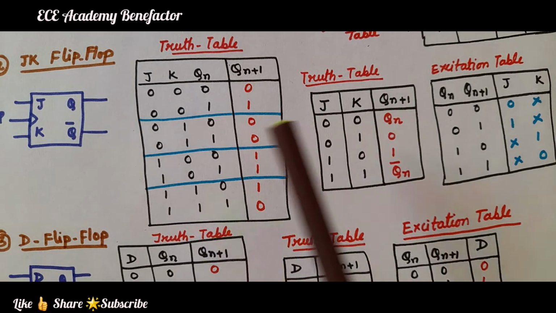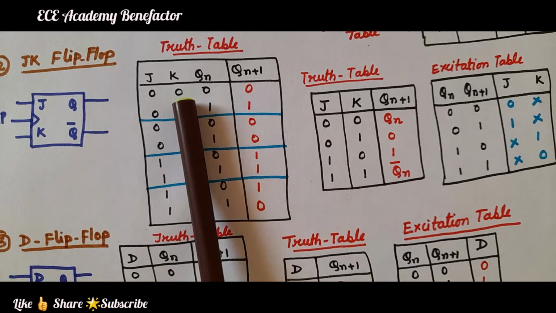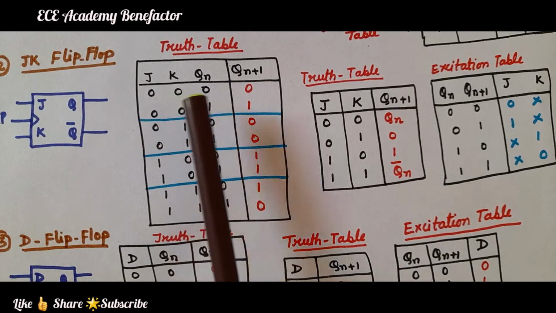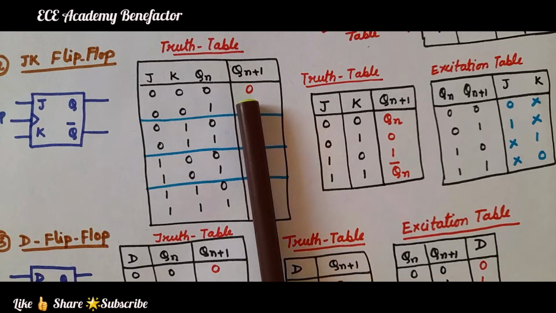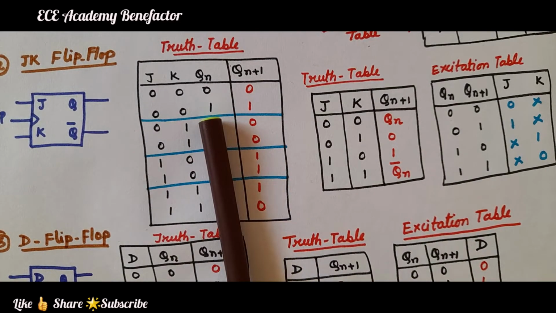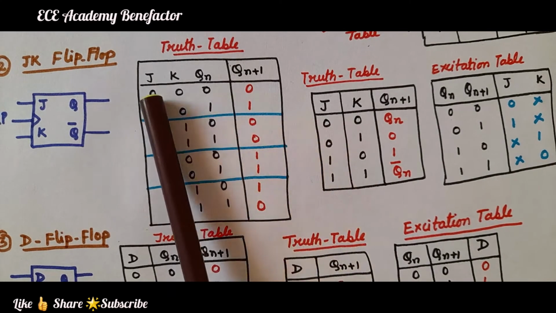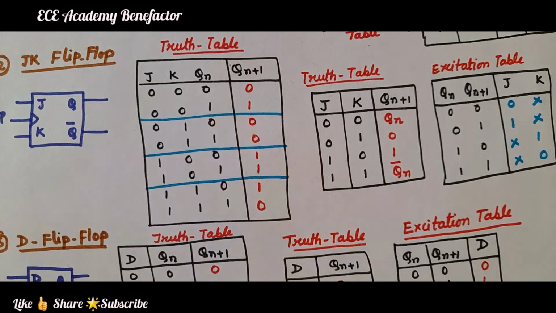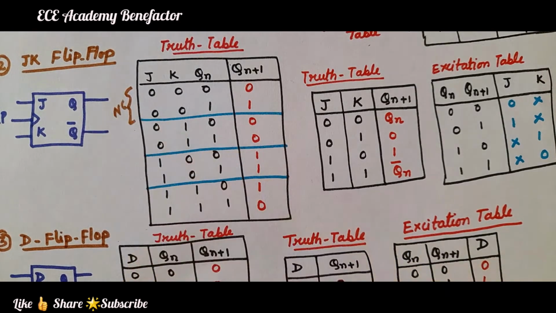Now see here, for J K equal to 0 0 it is called the no change state. No change means whatever is at Qn will appear at Qn plus 1. So when J and K both are 0, we say this is the no change state.